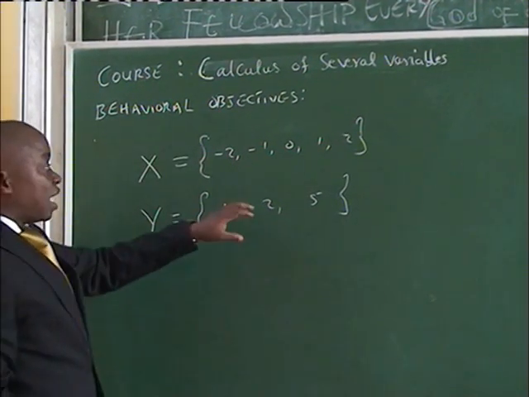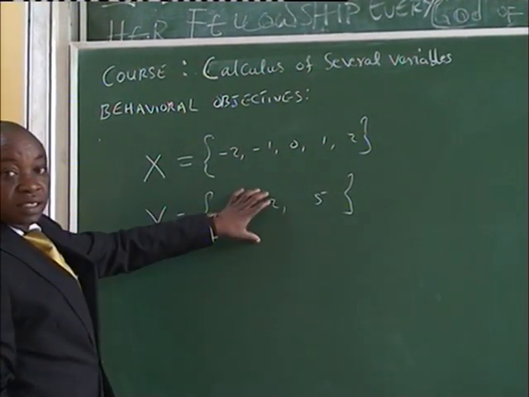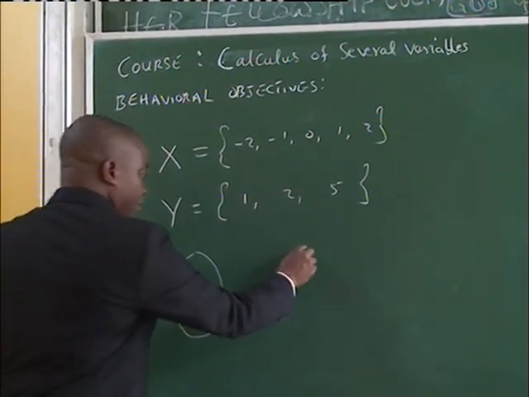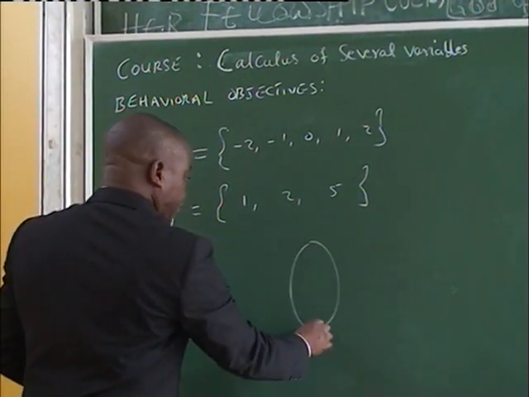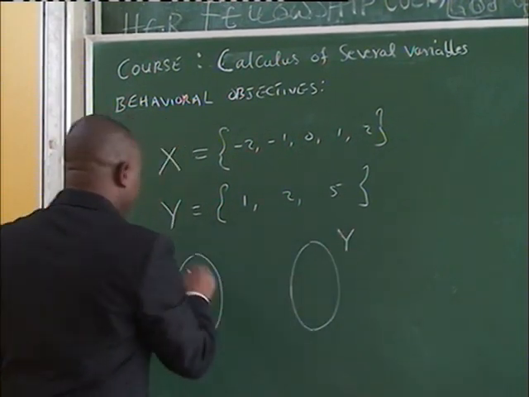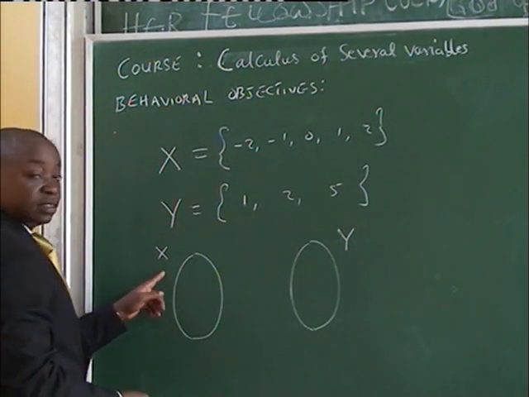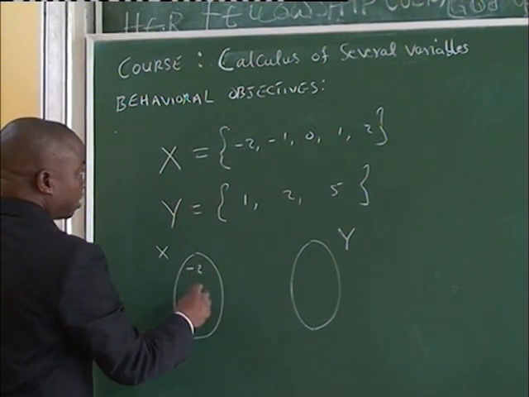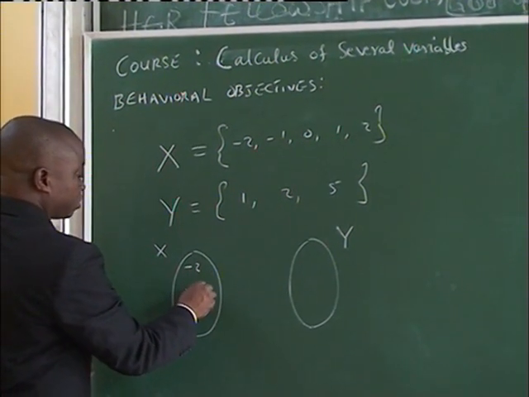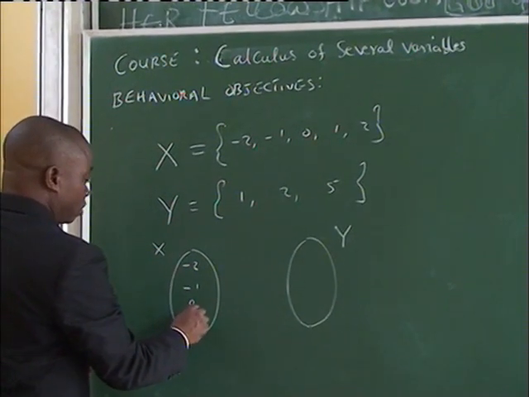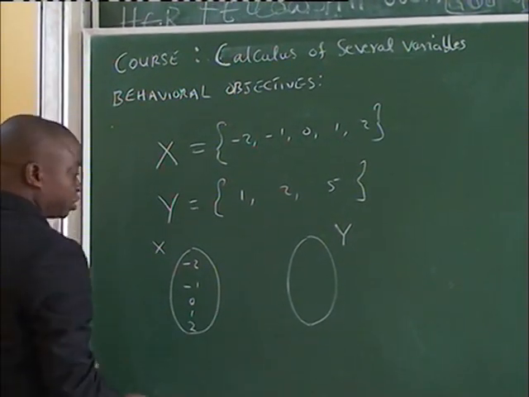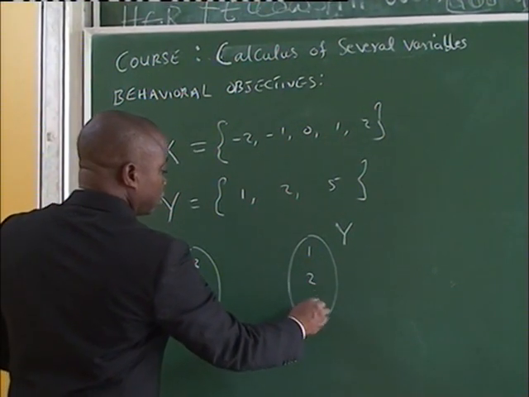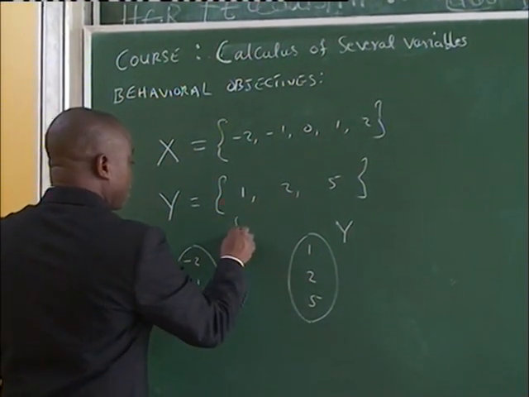Now suppose I put these two sets in this form. This is set y, and this is set x. The elements of x are minus 2, minus 1, 0, 1, and 2. And I have here 1, 2, 5.